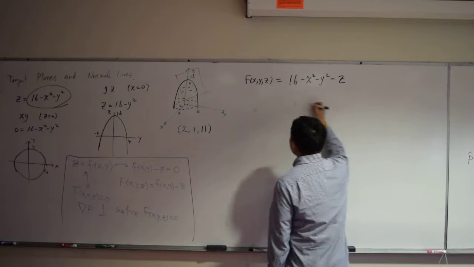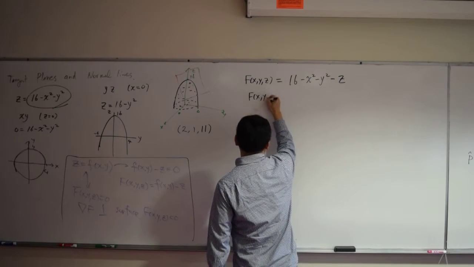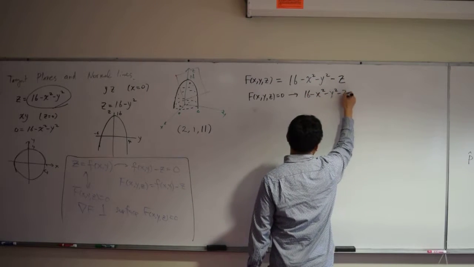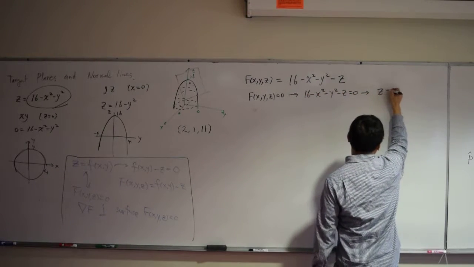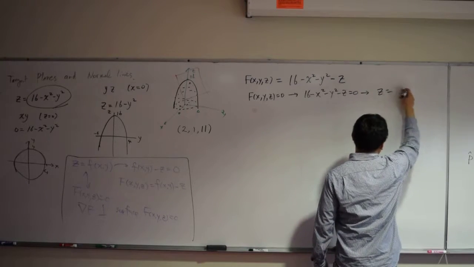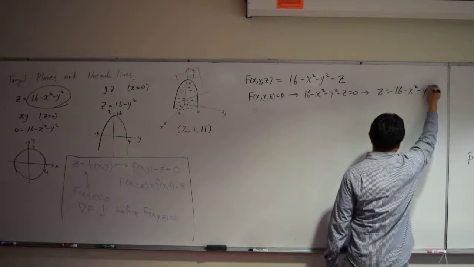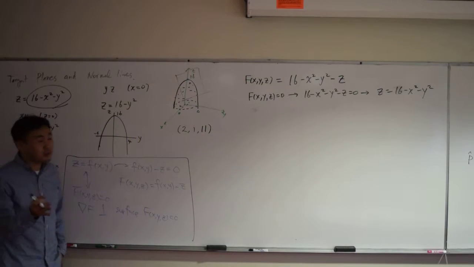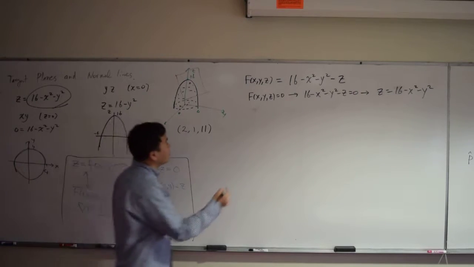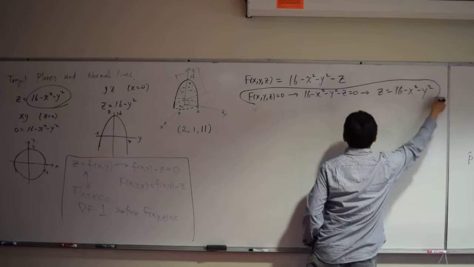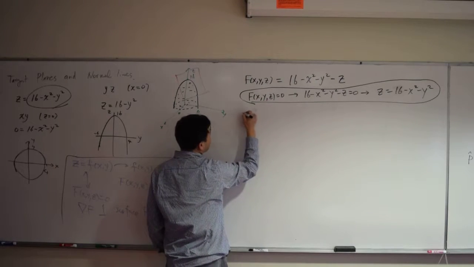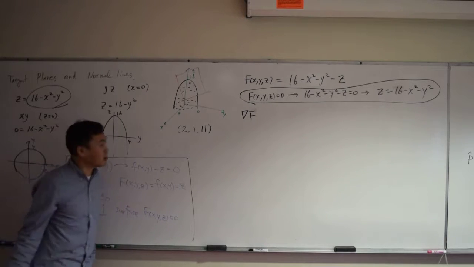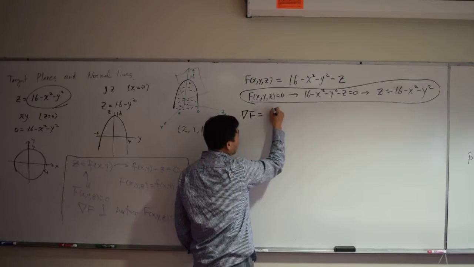Then F of x, y, z equal to 0 really means 16 minus x squared minus y squared minus z equal to 0, which is really the same as the surface that we are trying to work with. It's all the same, right? Agreed? Okay. Therefore, because of this equivalence, now we can say the gradient of F is perpendicular to the surface that we have. So let's calculate the gradient of F. What would we get?